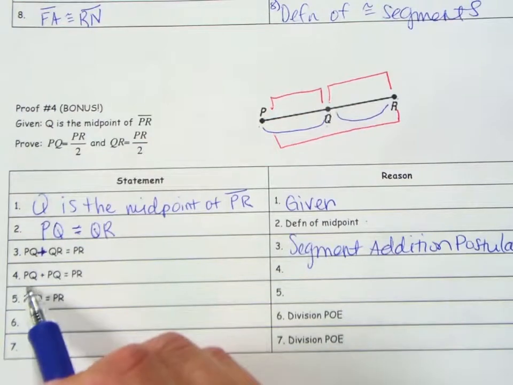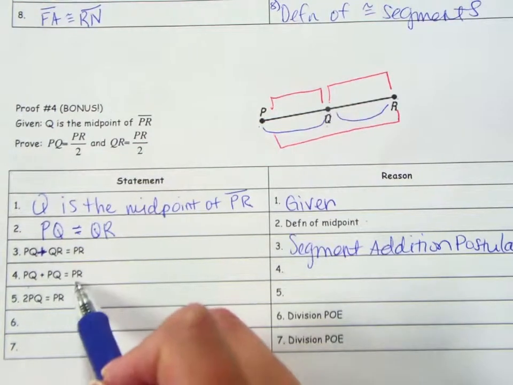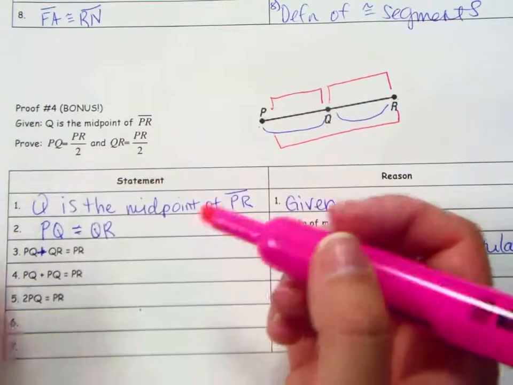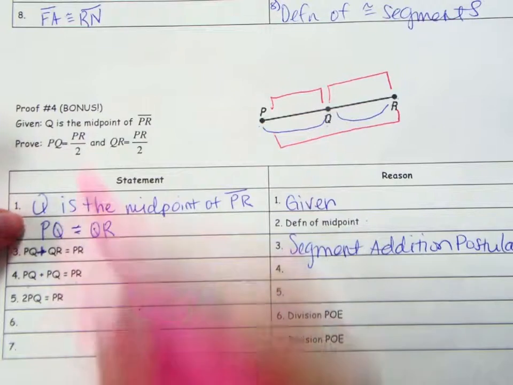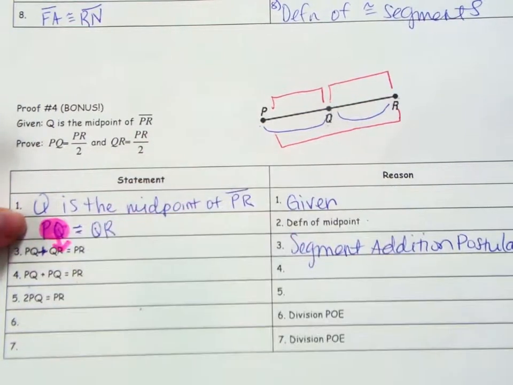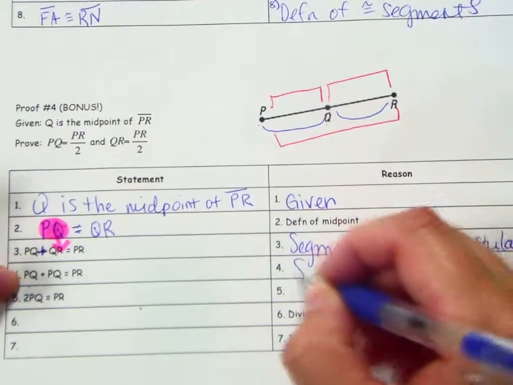And then we have PQ plus PQ equals PR. Well, if you notice in statement 2, we said that PQ is equal to QR. So what I'm going to do is take PQ, substitute it in for QR. That's how we get to PQ, so that is substitution.